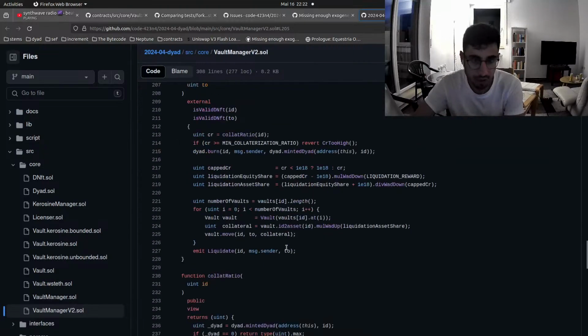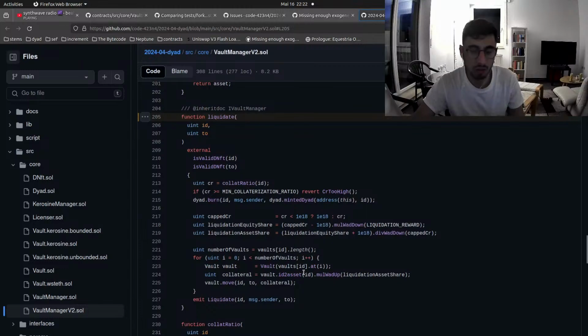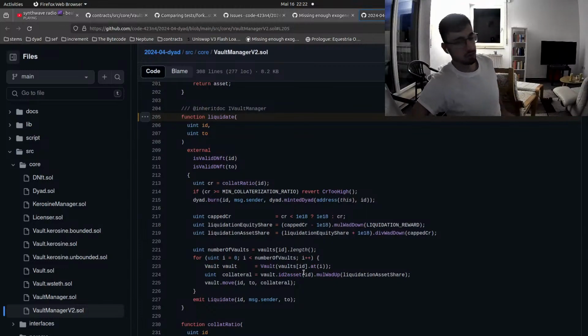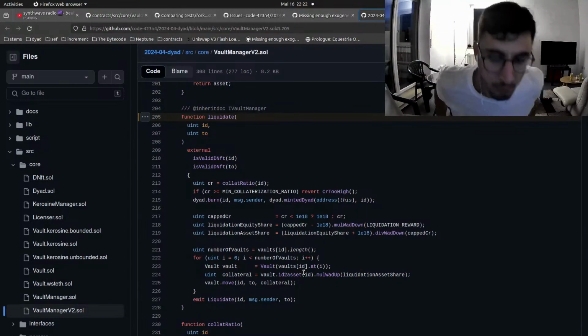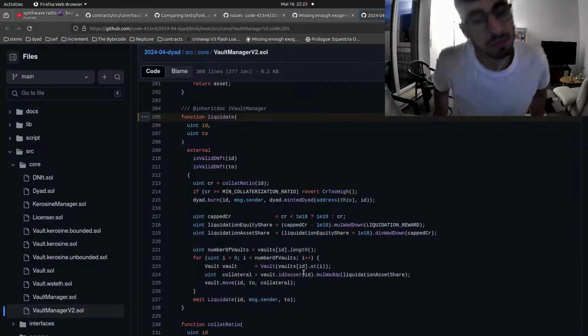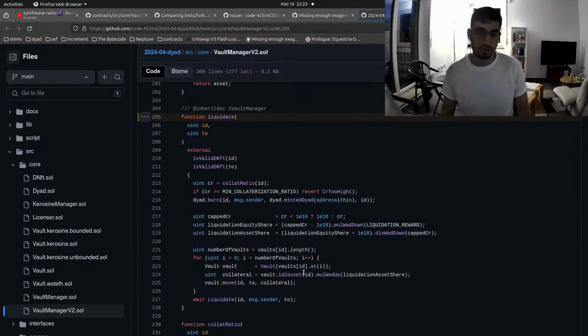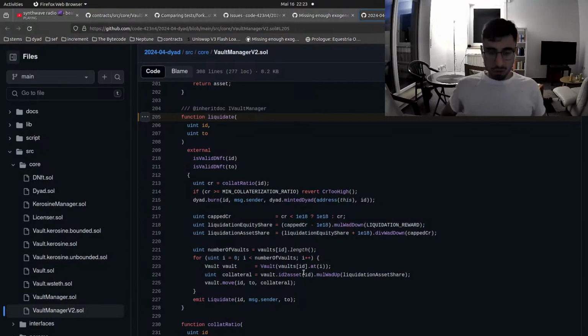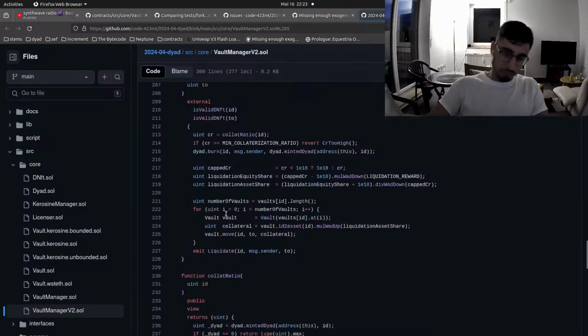So inside the liquidation, once you get liquidated, for every vault you have, a portion of your collateral is moved over to another DNFT, which you can see here.